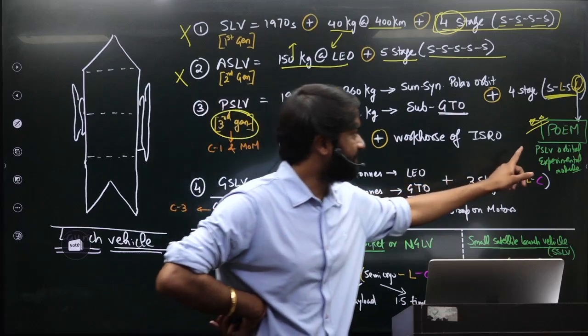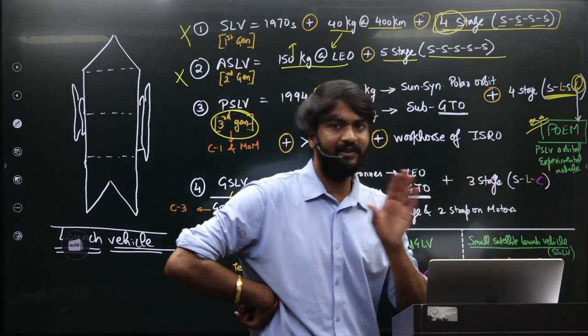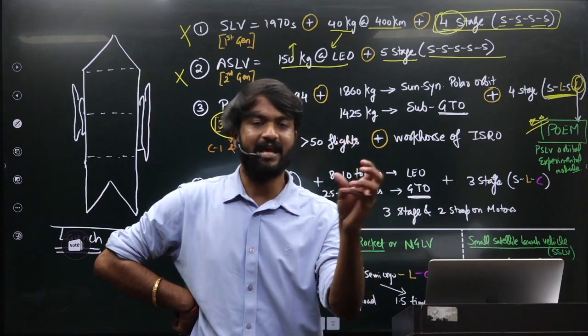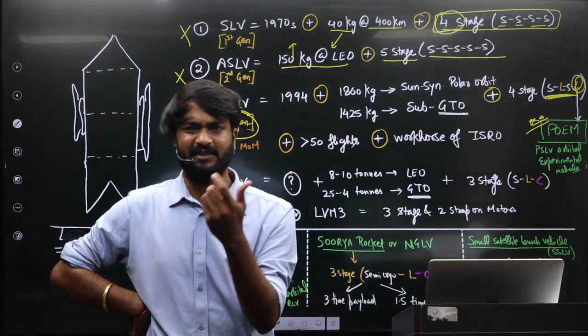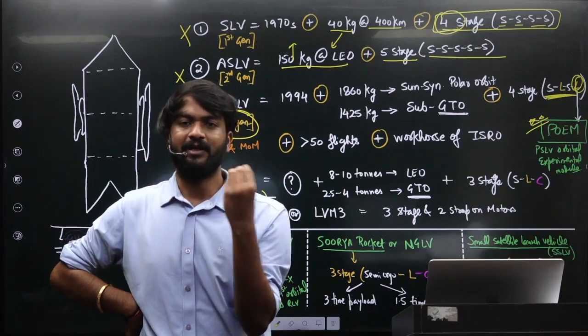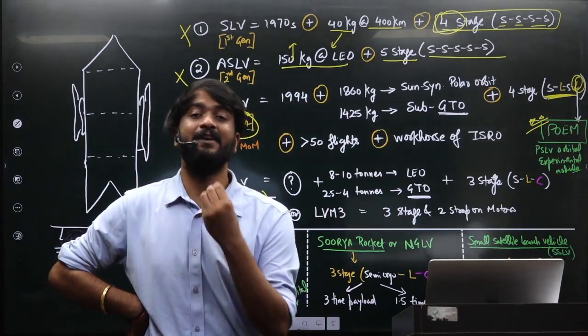So this is nothing but the PSLV Orbital Experimental Module, where the fourth stage, when detached, is carrying some other satellite by the private sector or by a research organization for additional, peripheral objectives.